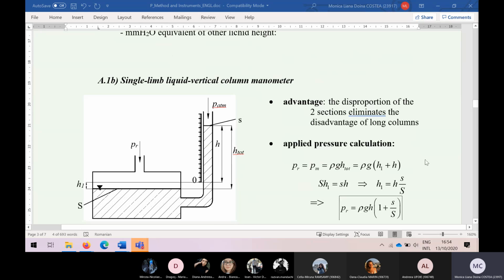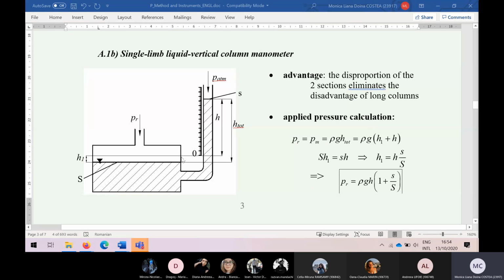Contrarily, here we cannot do this because we always have to force the liquid to rise in the vertical tube. So we have to change the two pressures. Otherwise, it's useless to have this apparatus.